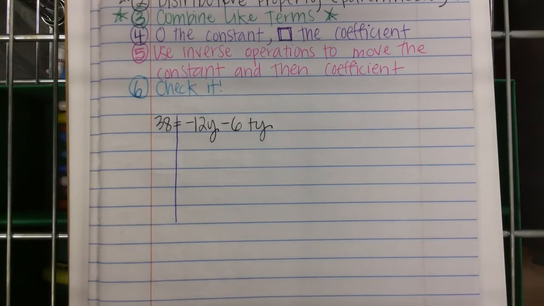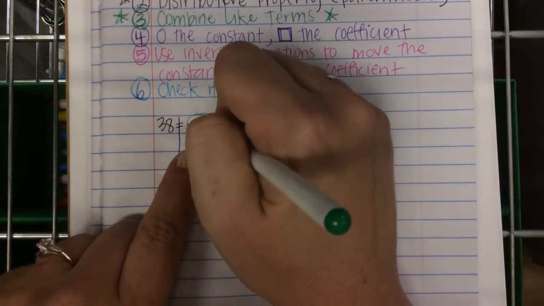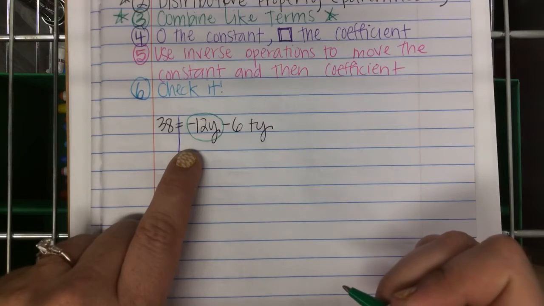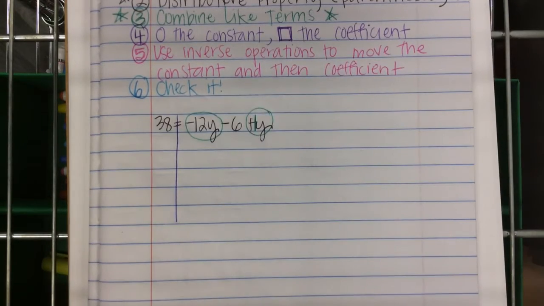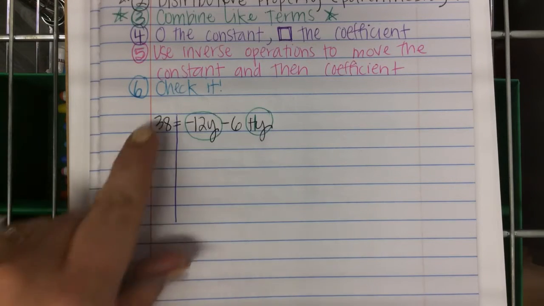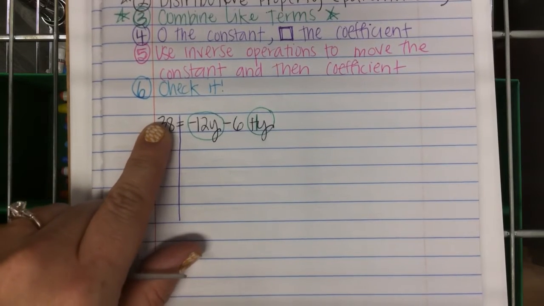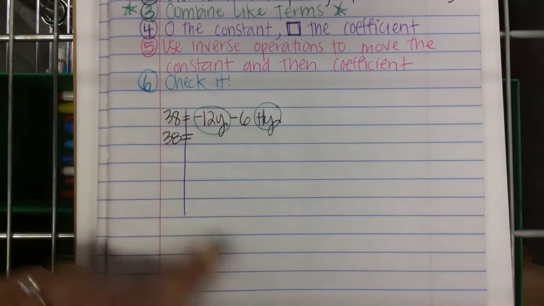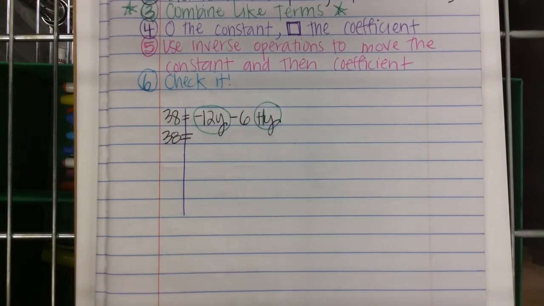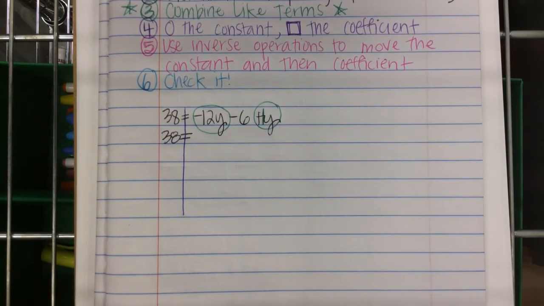Negative 12 plus 1y, right? Okay, so nothing happened on the left side, so I'm going to rewrite 38 equals, because that didn't change. But I am going to change the right side.